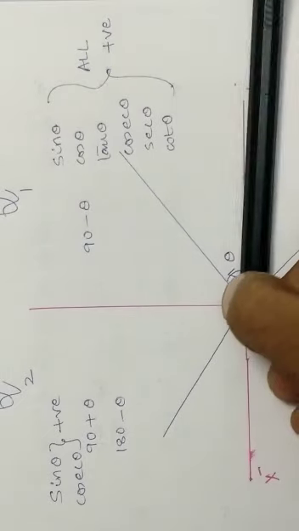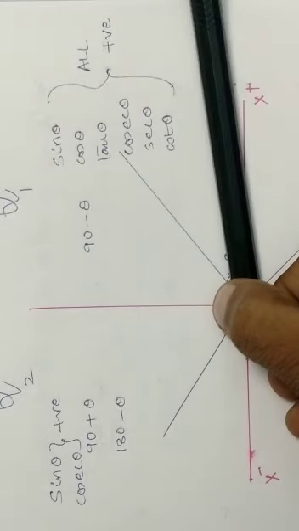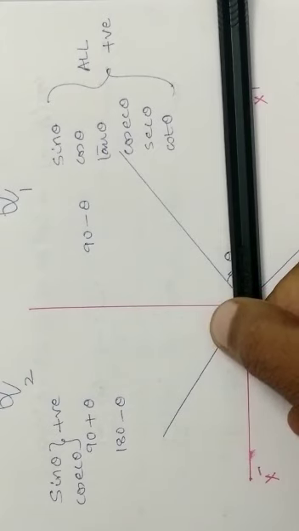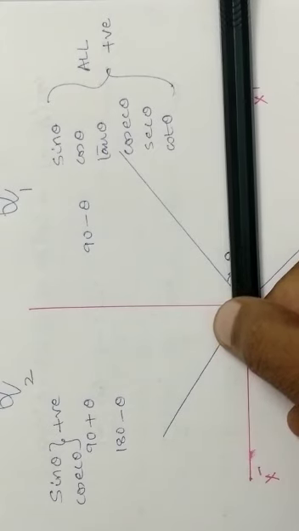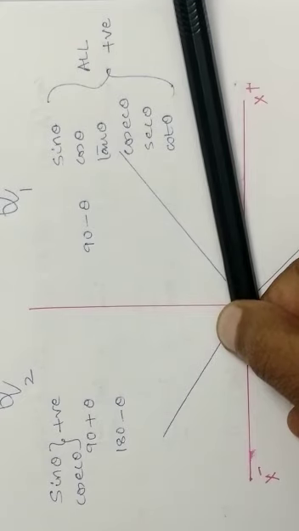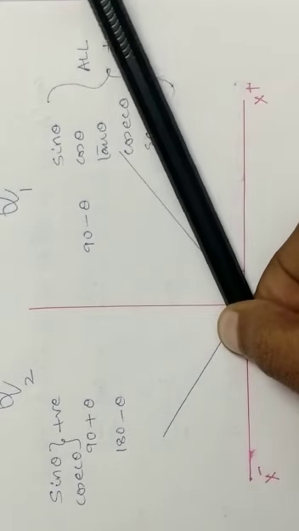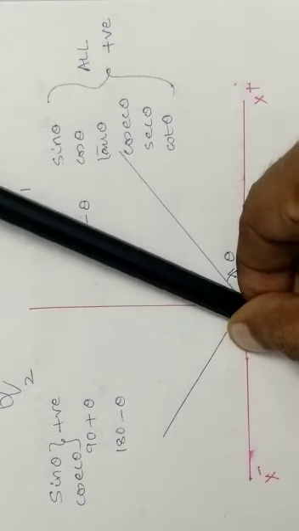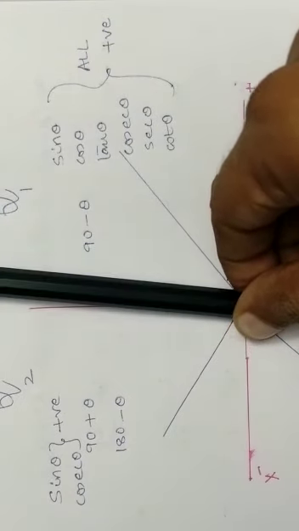If there is no rotation, the angle is 0. 10, 20, 30, 40, 50, 60, 70, 80, it is 90.